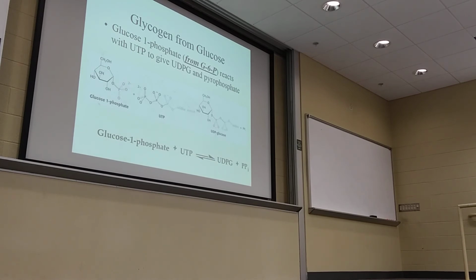The first one's when I make glucose 6-phosphate. The second one, when I do this reaction right here, those phosphates don't show up on the glycogen molecule, but I still need them to make it, all right? Which is why you should have, from glucose 1-phosphate to glycogen, an ATP being used in that process. And you can put in parentheses UTP to make UDP or ADP, all right?